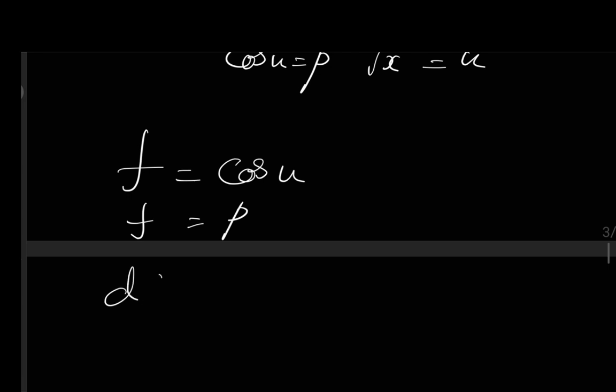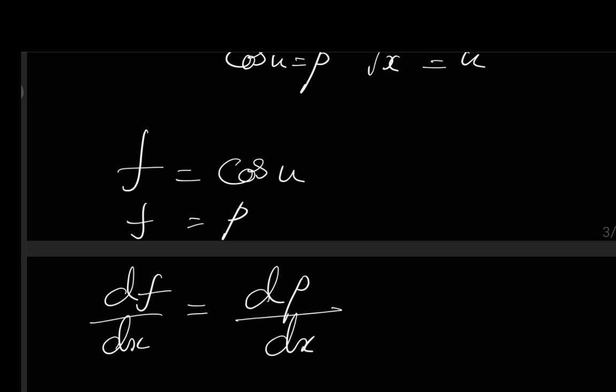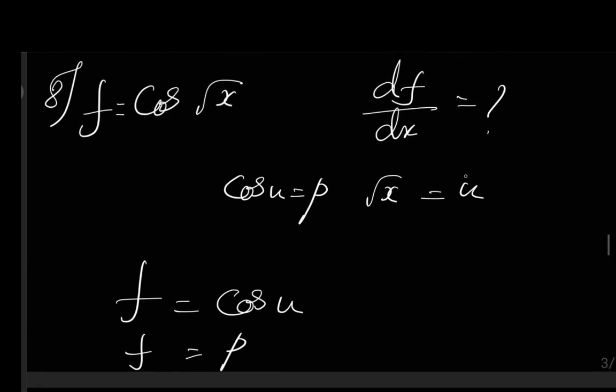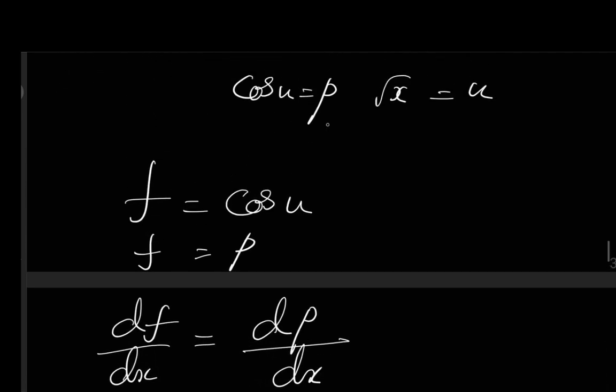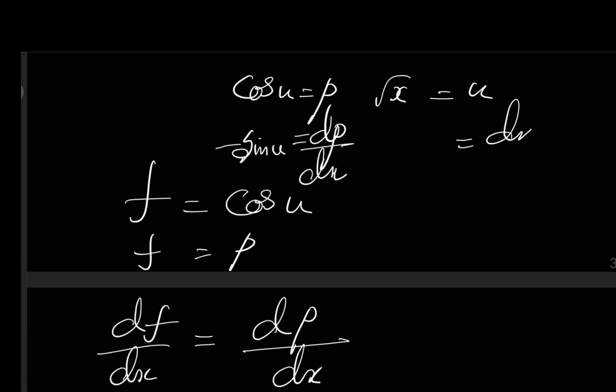So differentiate f with respect to x. That means differentiate p with respect to x. But p is a function of u. So I differentiate p with respect to u only. So dp by du is equal to minus sine u, but du by dx, u is a function of x, this is x power half.